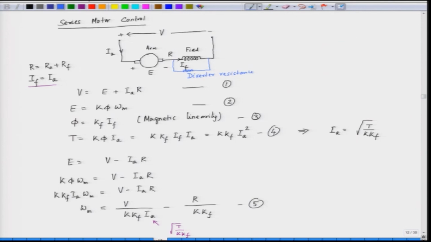When we put a diverter resistance, the effective field current is reduced, because this is also taking some current. So, the current flowing through the field winding is reduced, and that is how the flux of the field winding will be reduced. Field control is also one of the ways of speed control that we will be discussing in the next lecture.